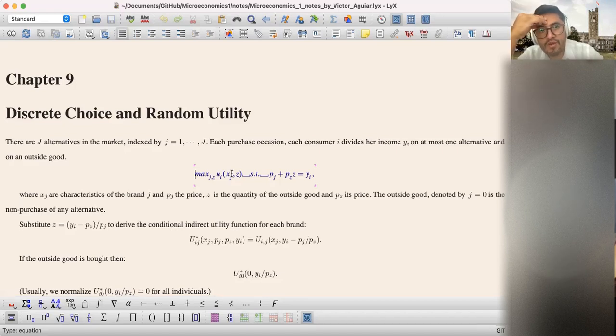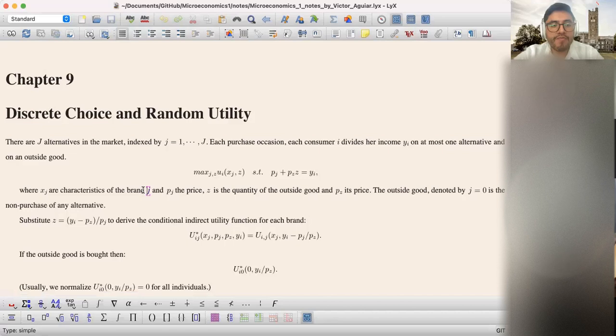Everyone understands? Now, here there are some additional things to understand. First of all, essentially, the utility you derive as individual i from alternative j is coming from the set of characteristics of the brand j. For instance, you can have a car that has mileage, gas consumption, price, right?